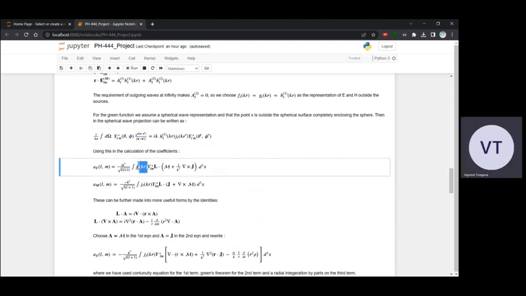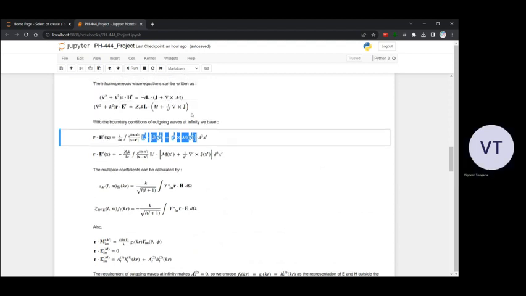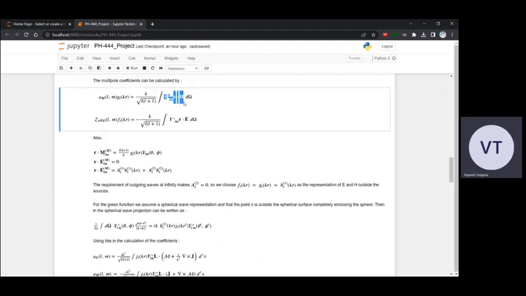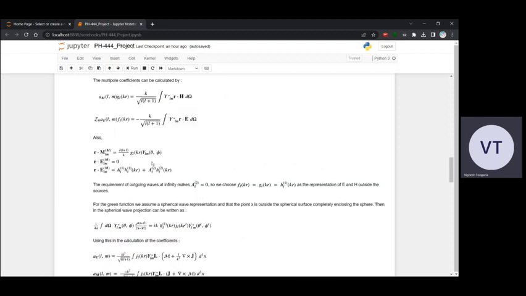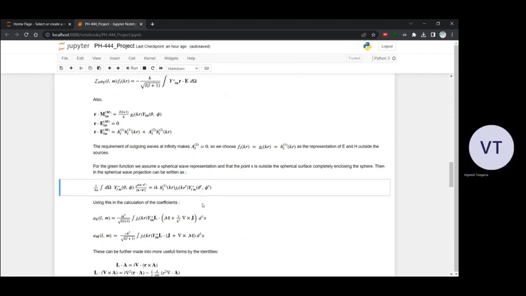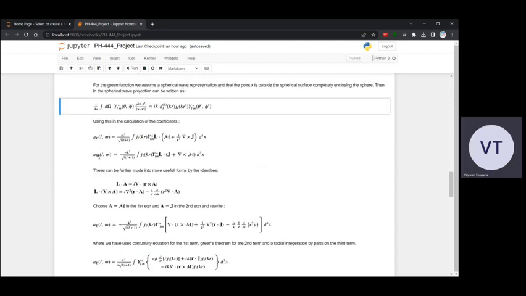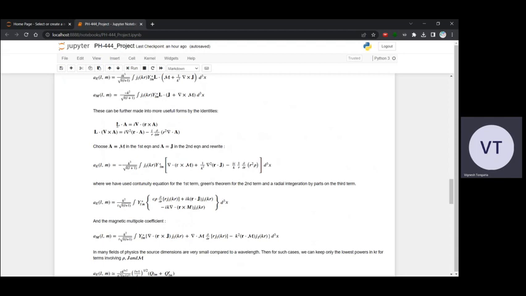These are the Bessel functions, and these are the above parts which we have already found. This r dot H is replaced by this part, and this part is replaced by the integration of this part right here. Similarly for the a_M coefficient also. Now, to further simplify these equations, we can use the following identities.